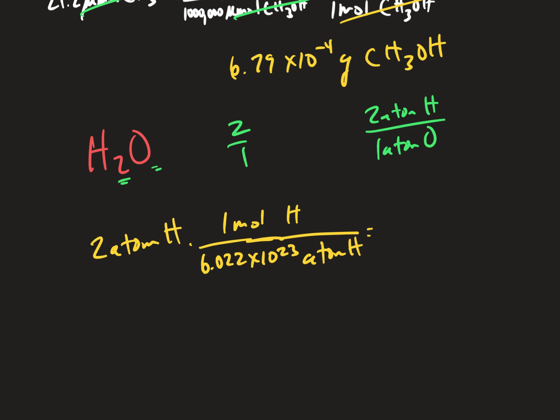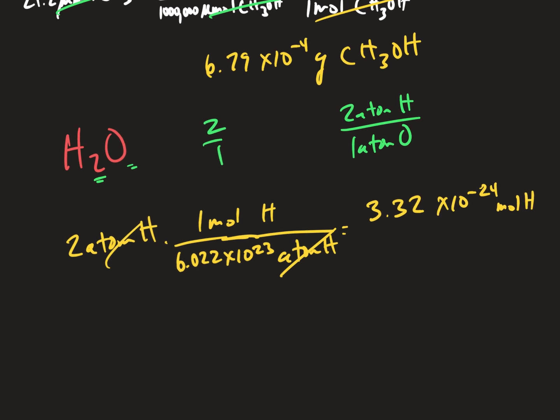So let's type this in our calculator. 2 divided by 6.022 times 10 to the 23. And we get something like 3.32 rounded times 10 to the negative 24, right? And that's moles, so atoms go away, moles of hydrogen.